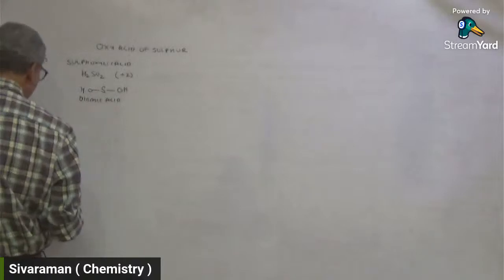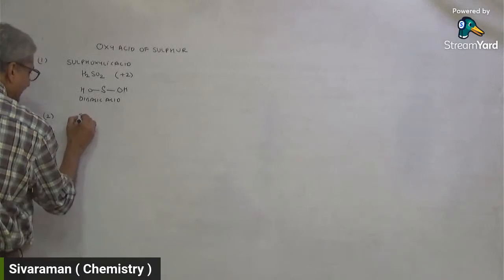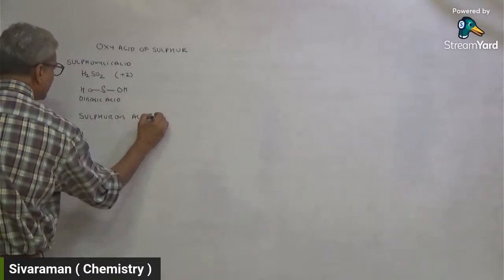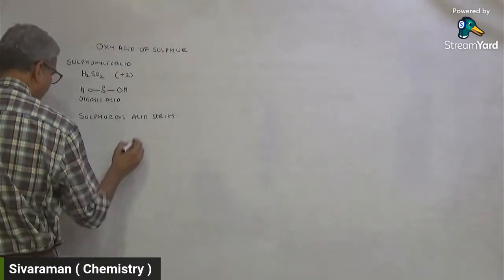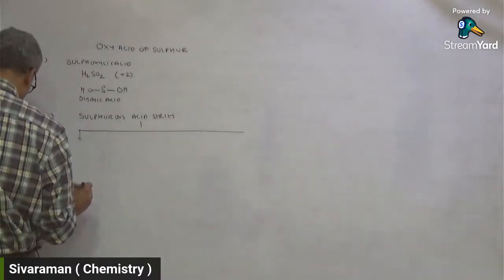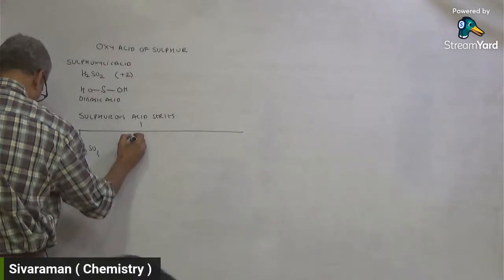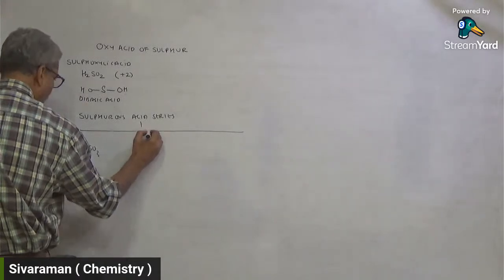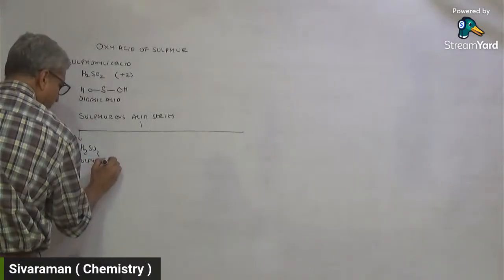The second one is the sulfurous acid series. You have H2SO3, sulfurous acid. Then you have H2S2O2, thiosulfurous acid.